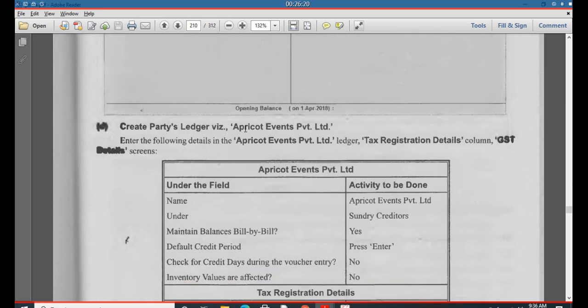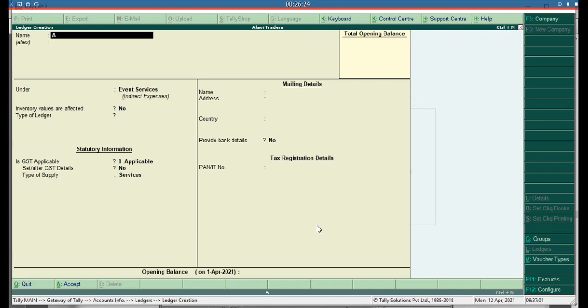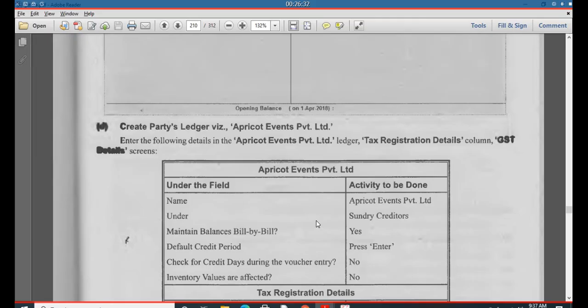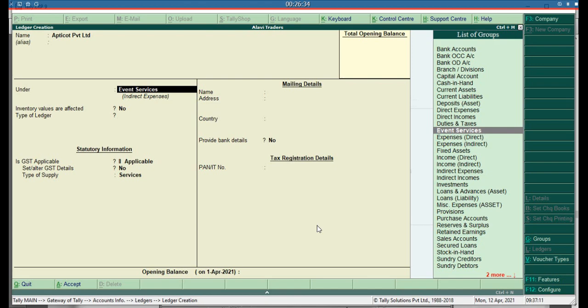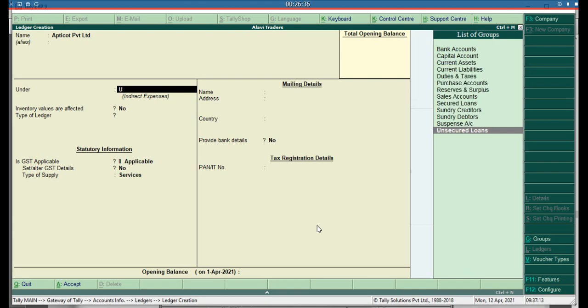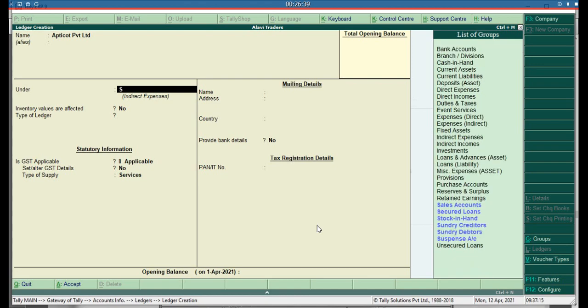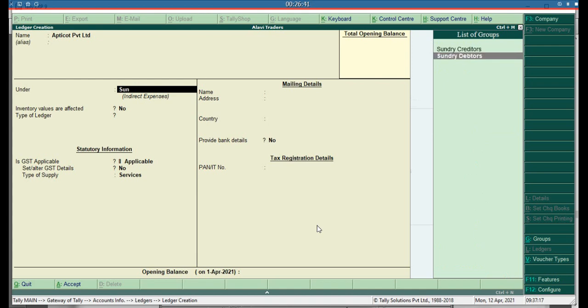Okay. Next we have to create a party ledger, Apricot Event Private Limited. So will it be sundry debtors or sundry creditors? It will be sundry creditors, because we are purchasing the services, we are accepting the services from them.